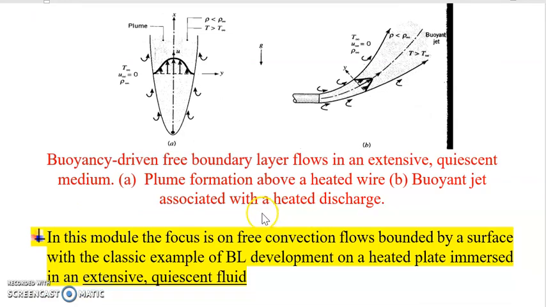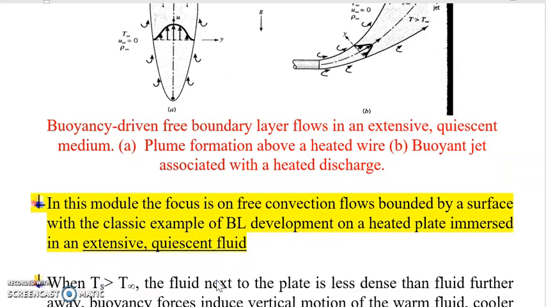In this module, natural convection coverage will focus on free convection flows bounded by a surface, with the classic example of boundary layer development on a heated plate immersed in an extensive quiescent fluid. Extensive means a large amount of fluid, and quiescent means velocity far away from the body is zero.